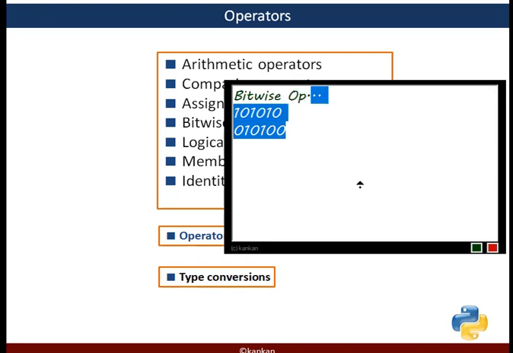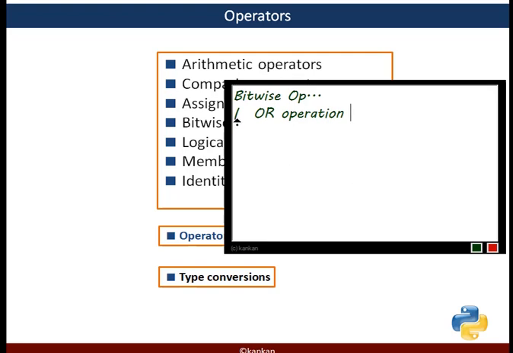To make bitwise operations in Python, some operators are available. This pipe is the bitwise OR operation.